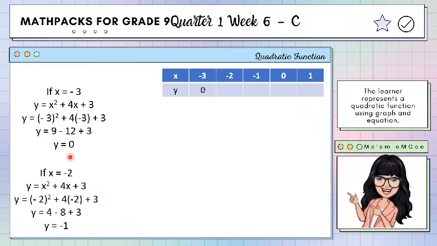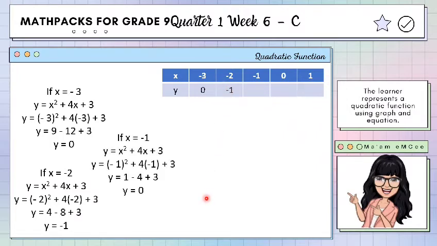Then let's have -2. So again, substitute the next value, which is -2, into our quadratic function. So substituting the value of our x, which is -2, into our function, we will have y is equal to -1. So if x is equal to -2, our y is equal to -1. So our second ordered pair will be (-2, -1).